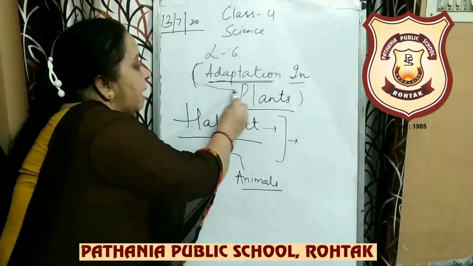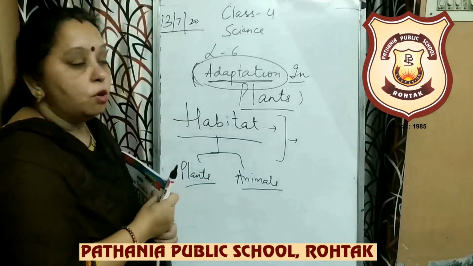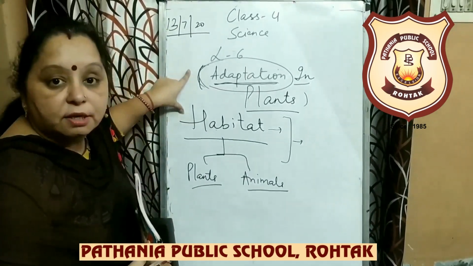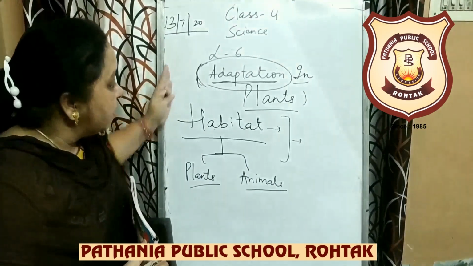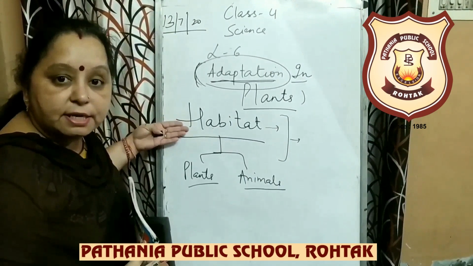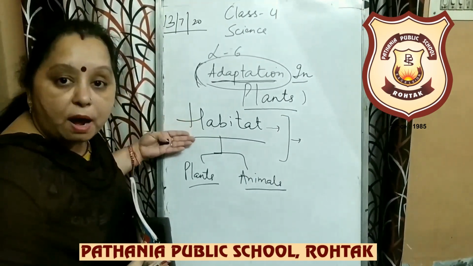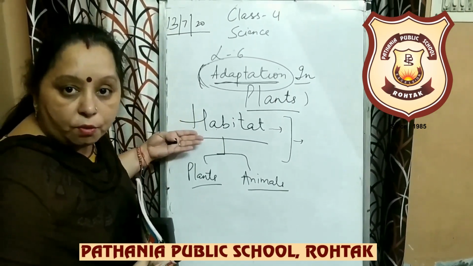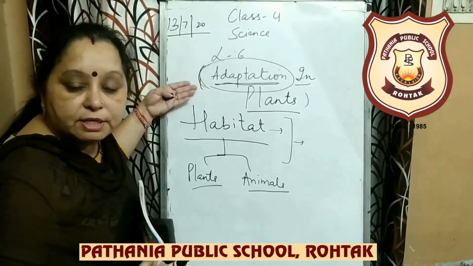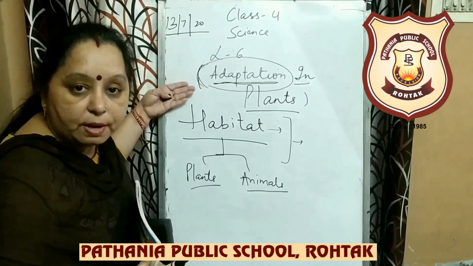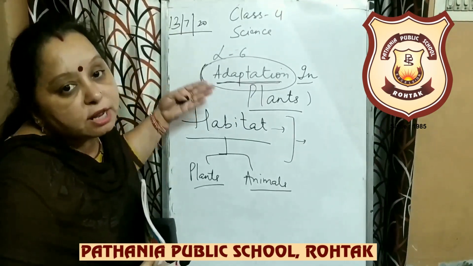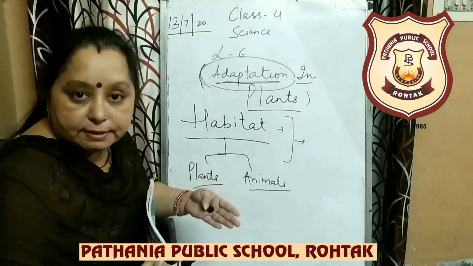So this is called adaptation. So in this session, we know the meaning of these two words. First is habitat. Habitat is a place where a plant lives and grows. And adaptation is the ability or feature of a plant that helps the plant to live in that particular place.